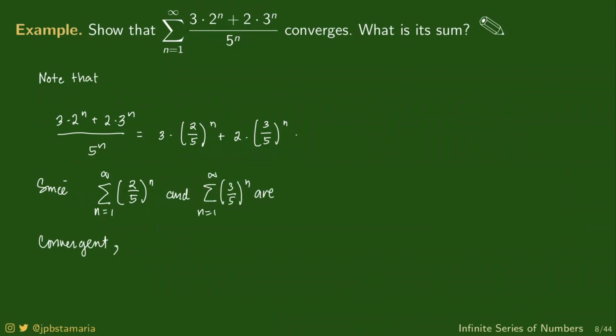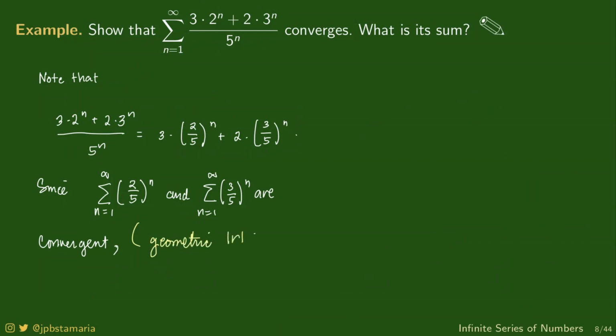What is the reason why they are convergent? Uy, bakit sila convergent? Anong uri ng series yan? May pangalan yan eh. Why are they convergent? Ano sila? Yeah, they are geometric with ratios.